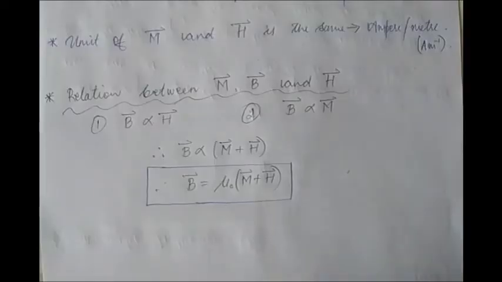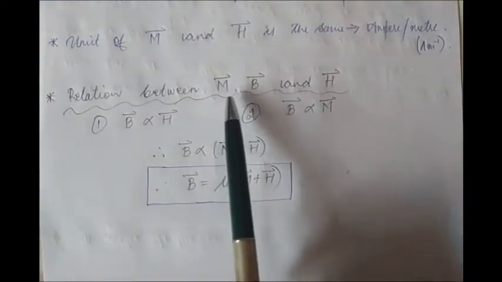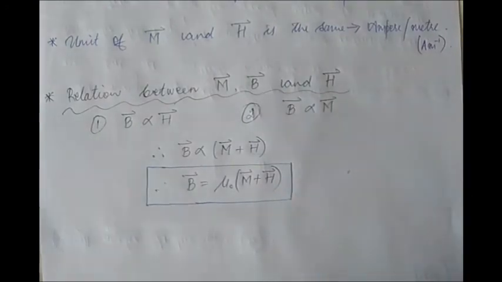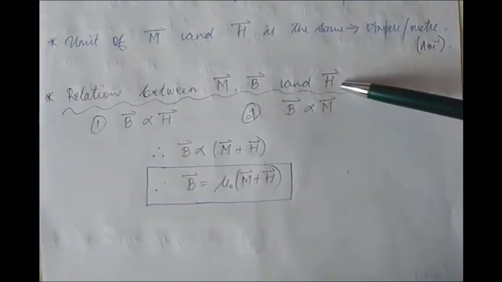Let us now see what the relation between the intensity of magnetization, the magnetic induction, and the magnetizing field intensity H will be. Now we've already seen that whenever a substance like iron, which gets attracted by a magnet, is placed in an external magnetizing field, the substance itself gets magnetized.